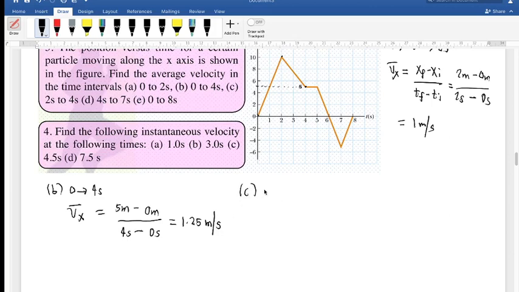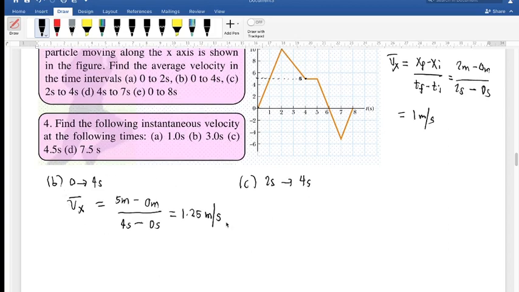So about letter C, that is 2 seconds to 4 seconds. How to find this one? Using again this equation, you have to find the average velocity. You have to take note of the position for 2 seconds. This is our initial time and this is our final time.